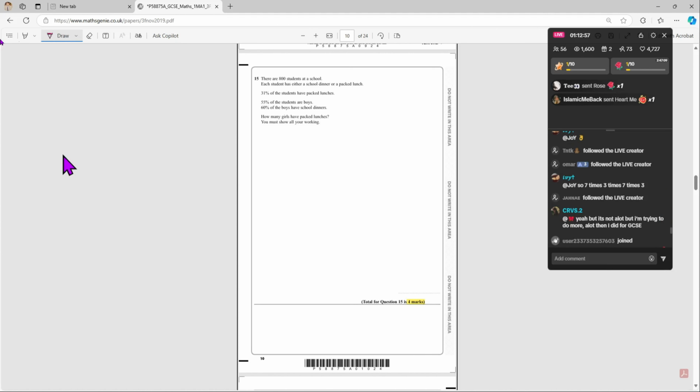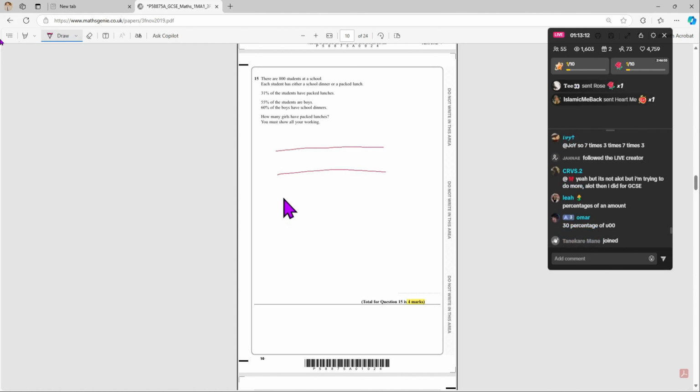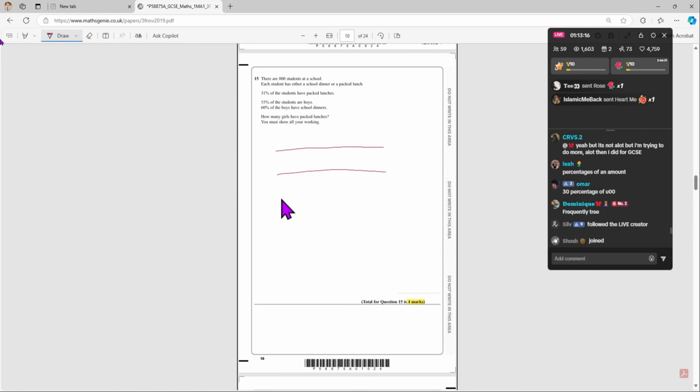So can someone guess what type of table we have to draw to work this out? It's not a frequency tree.